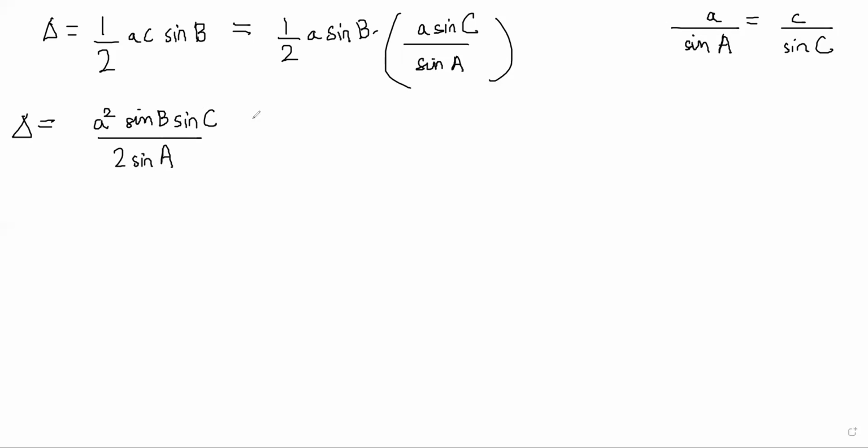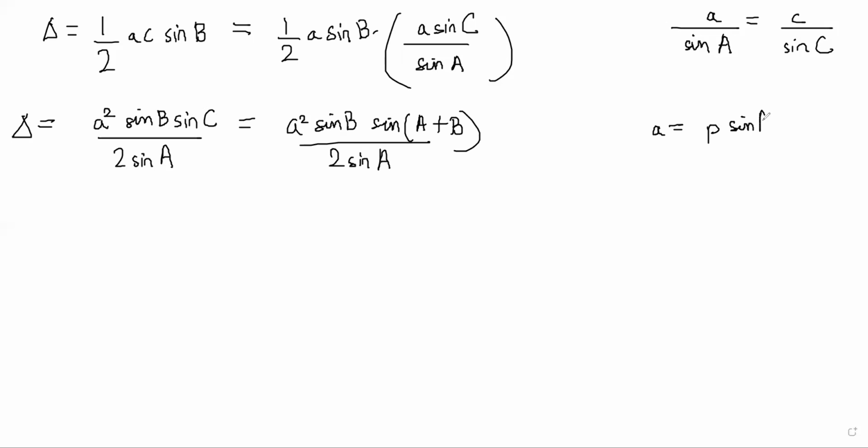You can leave it here by just writing it like this: sine B sine (A plus B) by 2 sine A. Or you can actually go ahead and simplify it using the expression that we got for A. A had come for us as P sine A by 2 by cos B by 2 and sine (A plus B) by 2.